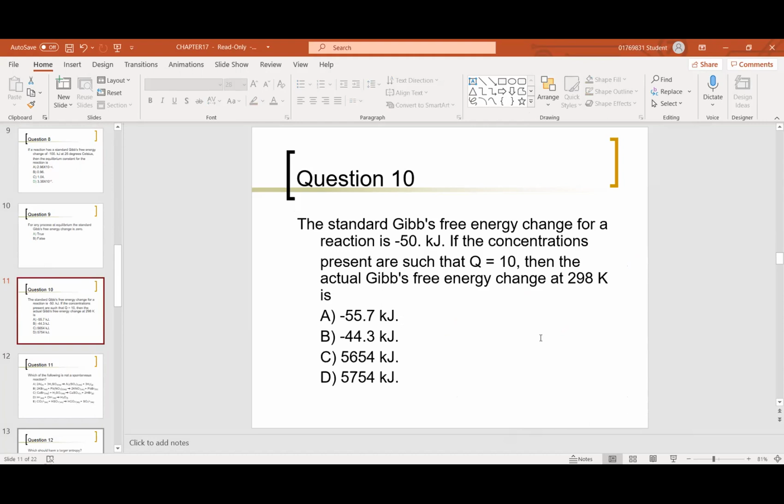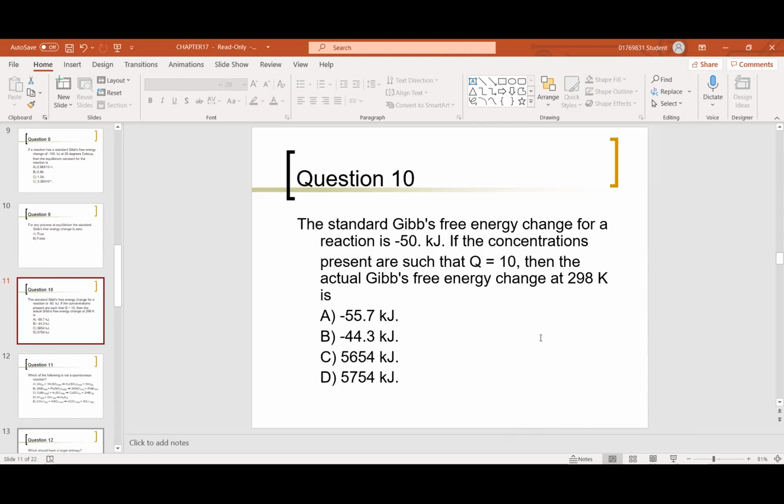The standard Gibbs free energy change for a reaction is negative 50 kilojoules. Okay, so 50,000 joules. But the concentrations present are such that Q equals 10. I have Q somewhere here. There it is, ln of Q. If concentrations present are such that Q equals 10, then what is the actual Gibbs free energy change at 298 Kelvin?